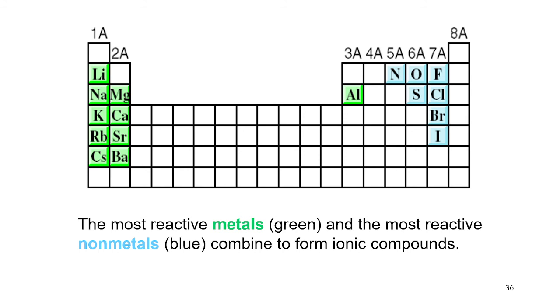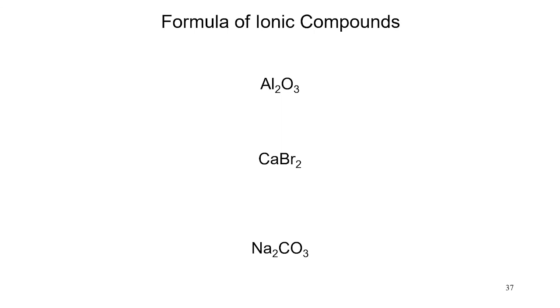So by most reactive metals and most reactive nonmetals, the ions of these atoms or elements have the highest tendency to become ionic compounds. Meaning to say, all others may prefer molecules, or yung tinatawag nating chemical bonding mismo, rather than ionic bonding. So by ionic bonding, this is the relationship of the positively and negatively charged ions kaya na tayo nagkakaroon ng ionic compound. Okay, so we have here some formulas of the ionic compounds.